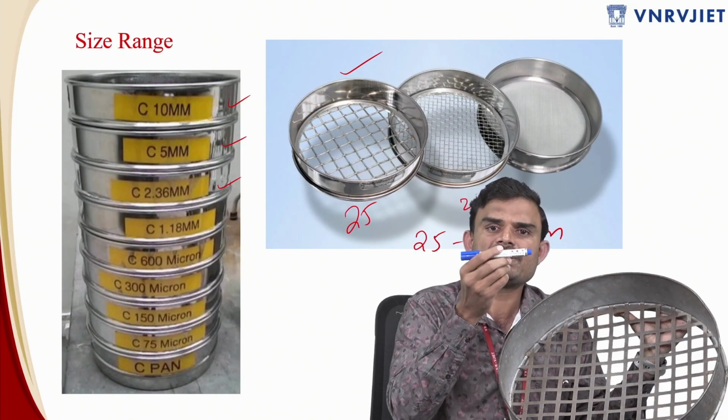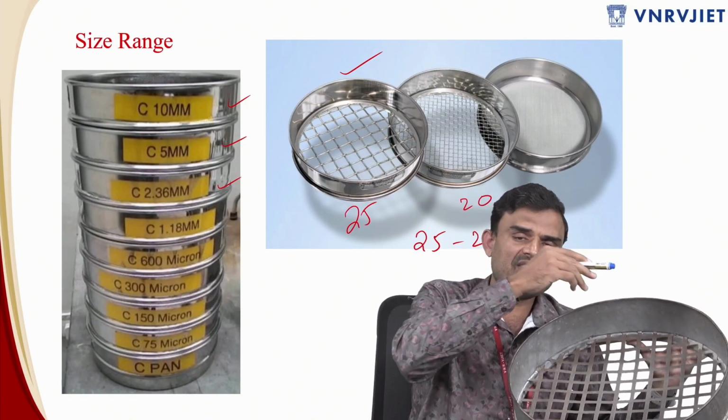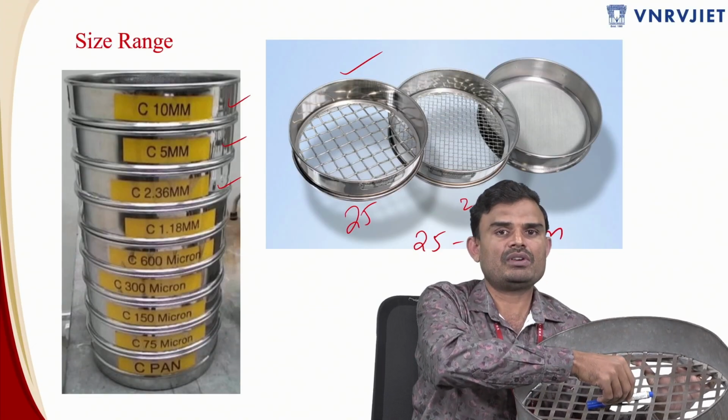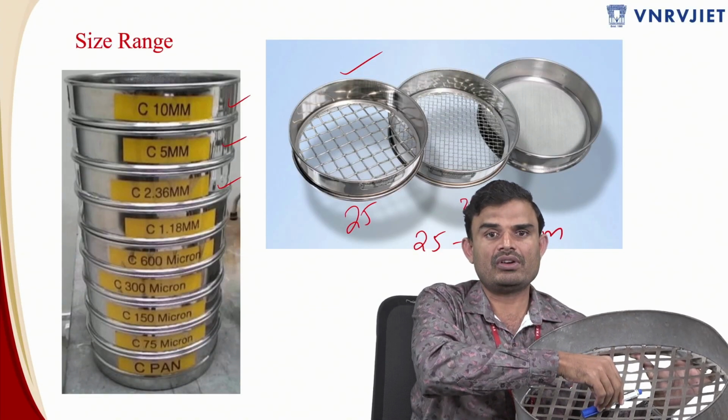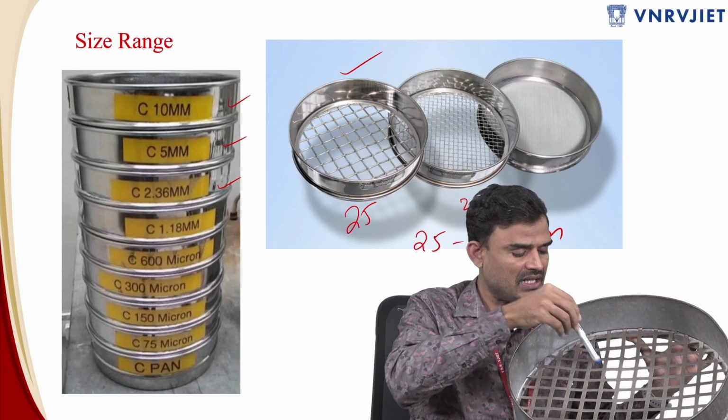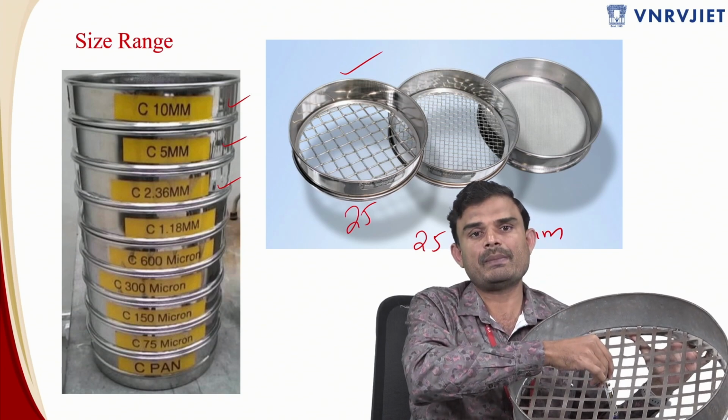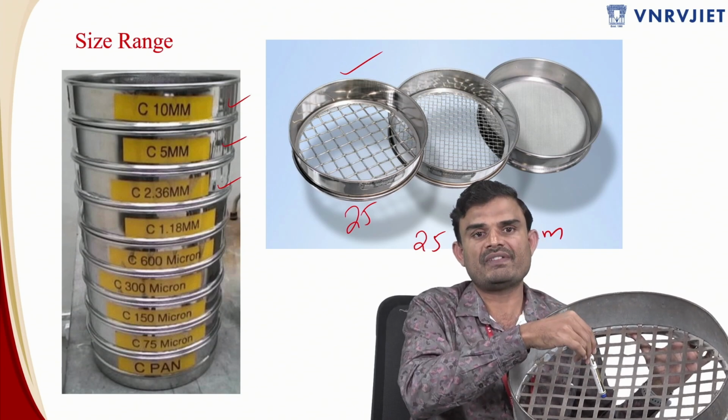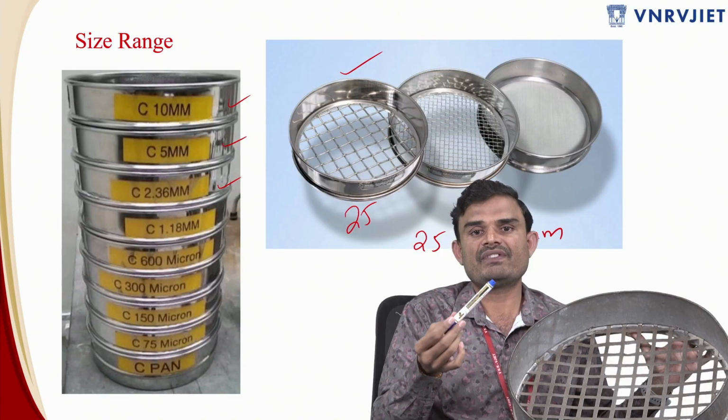In this case the longest dimension is higher, but because this aggregate particle has passed through the 25 mm sieve, we designate it as 25 to 20.